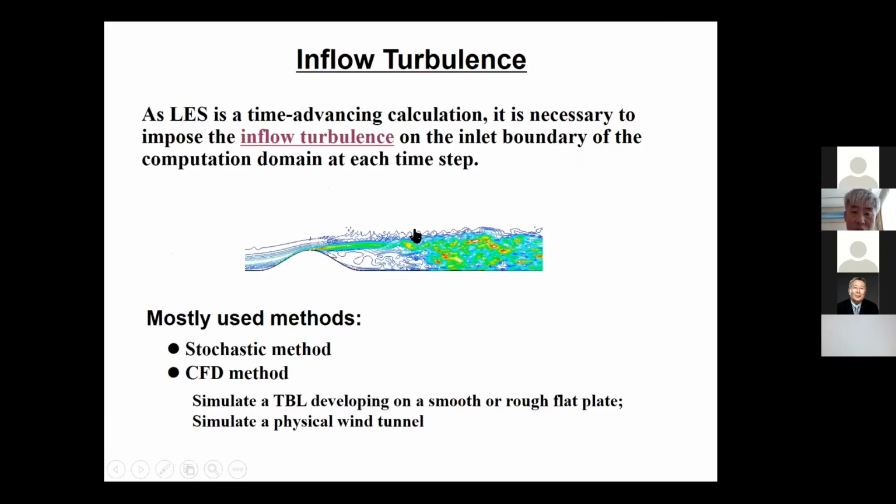Another problem is inflow turbulence generation, because as we introduced, we are talking about turbulence. Without turbulence, the flow separates, reattaches and generates a wake. That is if we consider a nominal inflow, but atmospheric flow has turbulence. And this turbulence will interact with the separated shear layer.